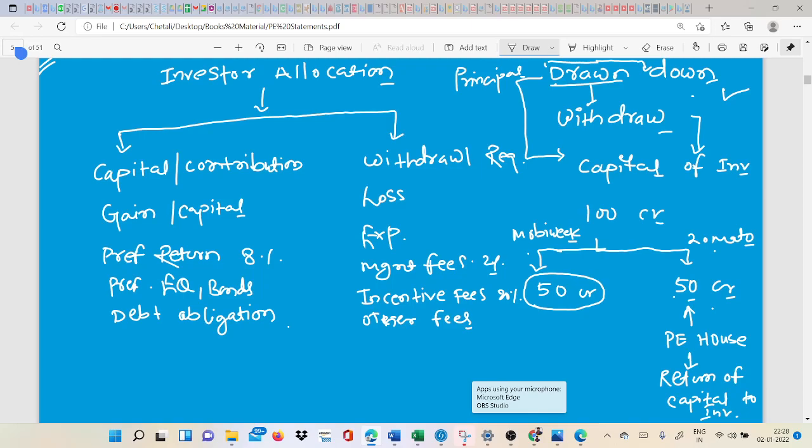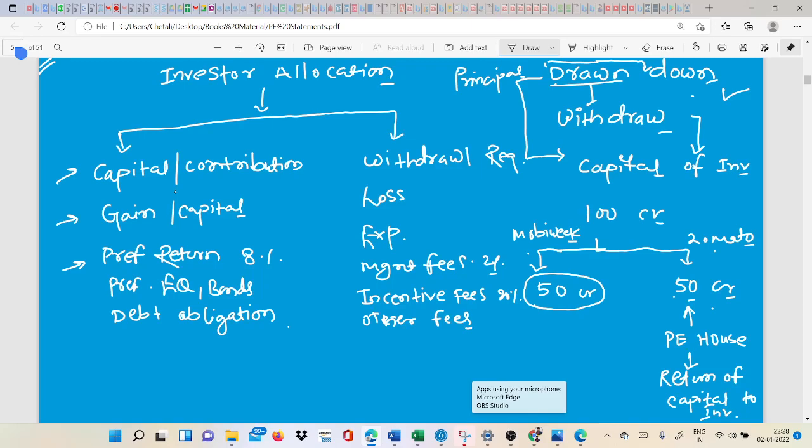Okay, so if you have any questions on this, you can raise them. Capital gain, preferred return, expenditures, that is fees and all, then losses or withdrawal requests, we also have to allocate all these things to the individual investors' accounts, as per their contribution.